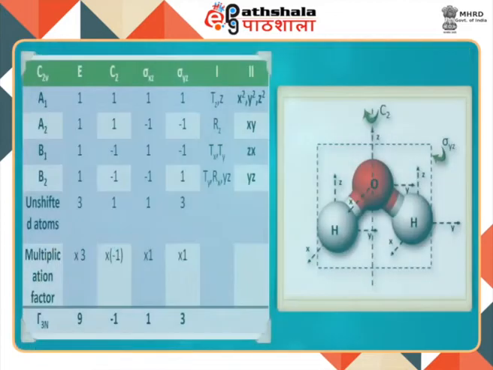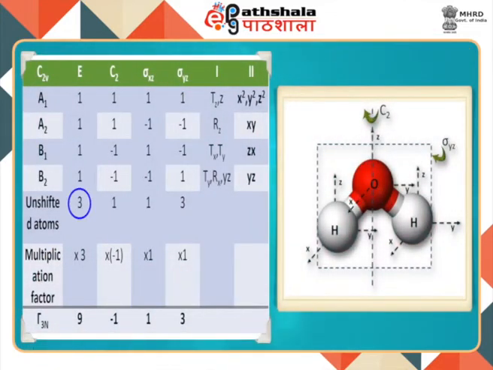If I perform operation E, all the three atoms are unshifted. So these are shown as unshifted atoms. If I perform C2 operation, only the oxygen atom of the water molecule is not shifted, the hydrogen atoms are exchanged.